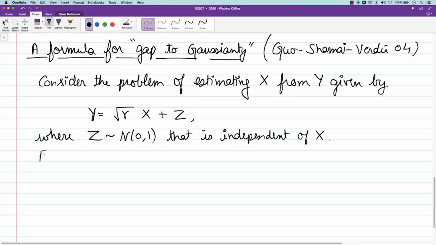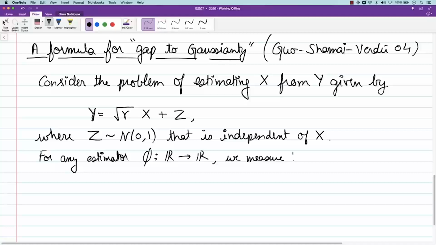So for any estimator phi, which looks at y as input, we'll get some estimate x hat. We measure the expected loss by the mean square error, expected value of phi y minus x square.